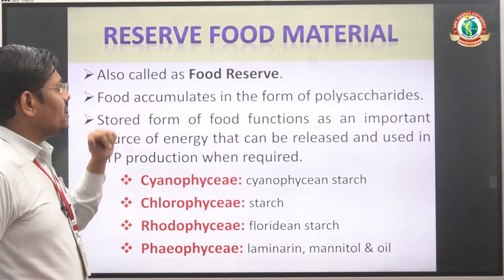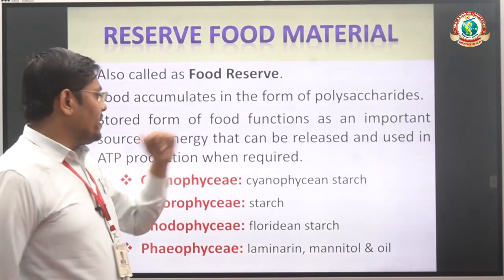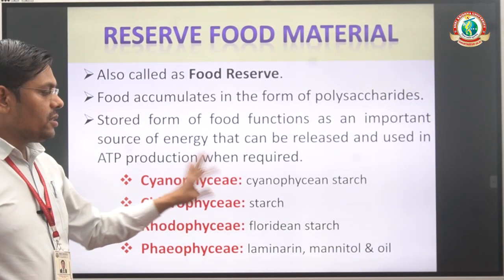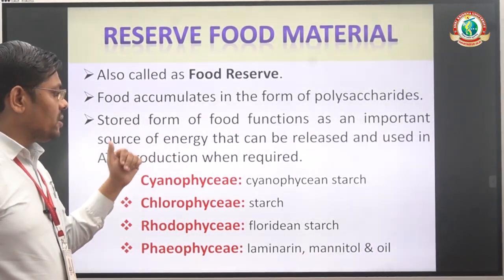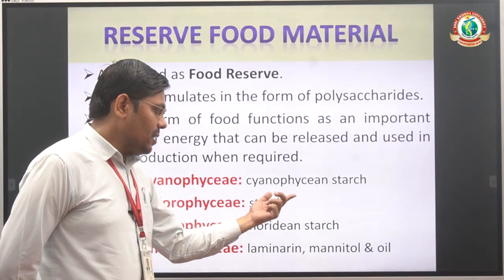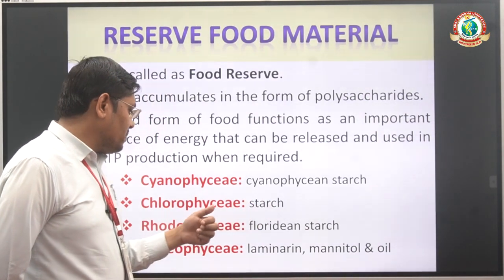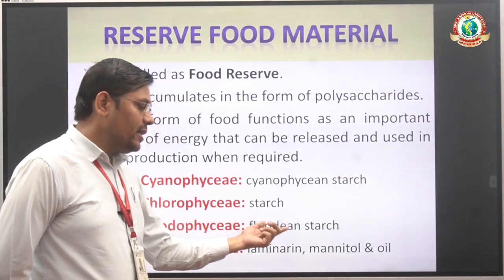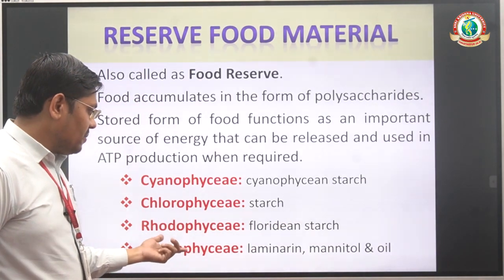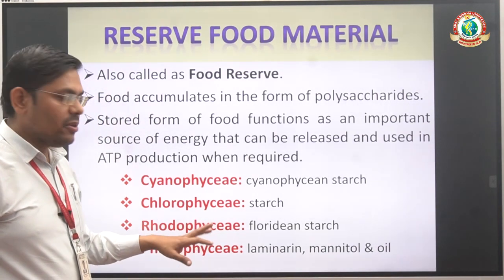The food accumulates in the form of polysaccharides, and different classes of algae have different food reserves. Cyanophyceae have Cyanophycean starch, and Chlorophyceae have starch as reserve food material. Rhodophyceae have Floridean starch, which is a very important question for competitive exams, and laminarin and mannitol are the reserve food material for the Phaeophyceae members of algae.